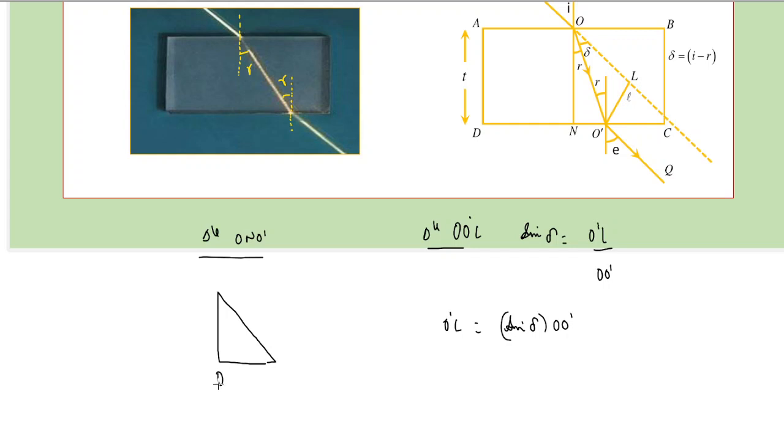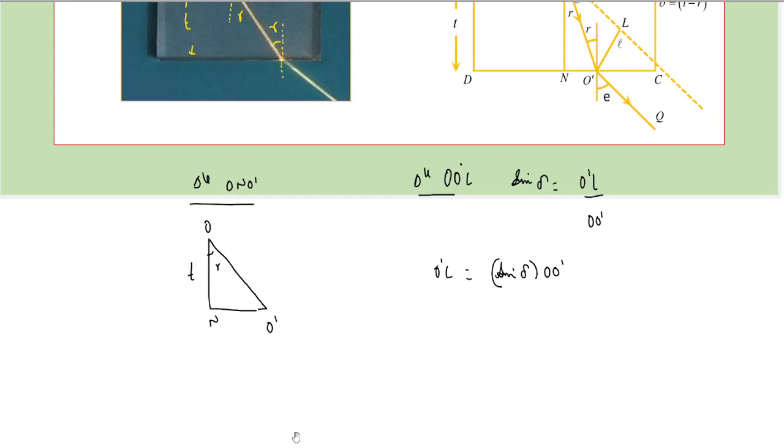The angle here at O dash is R, and if the thickness of the slab is T, then this side would also be T. We need to find O dash in terms of T.